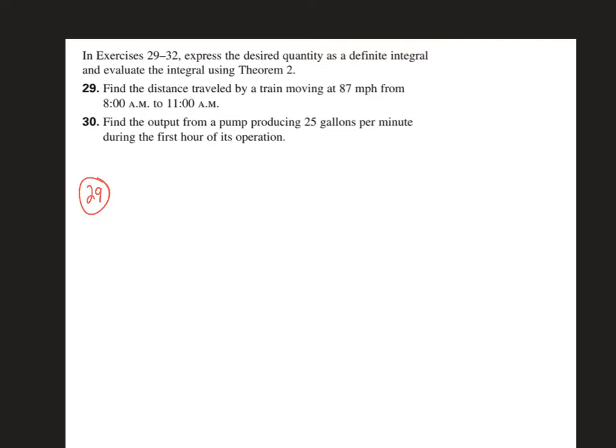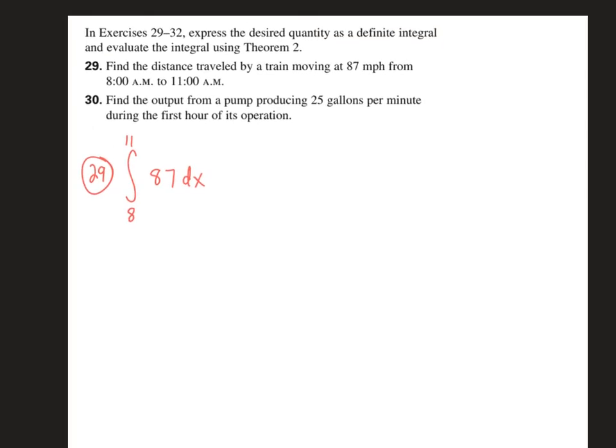After a while you'll get quick at this. So we're going to be finding the area from 8 to 11 of 87 dx. It doesn't have to be from 8 to 11.